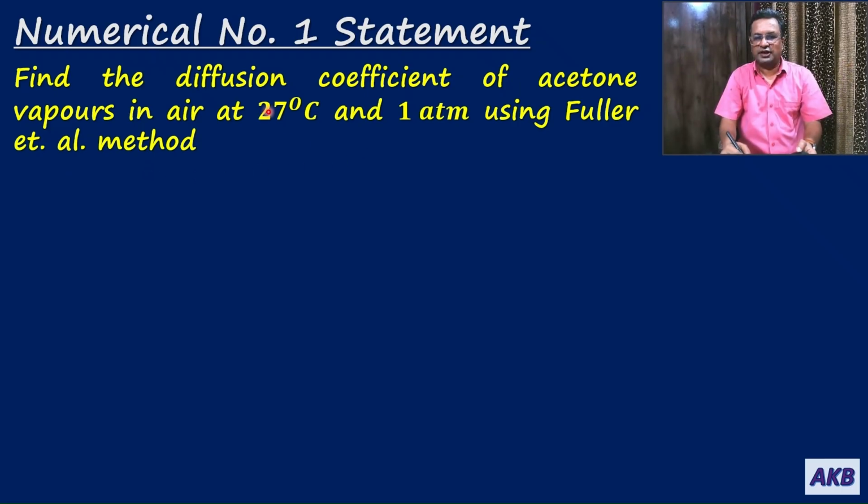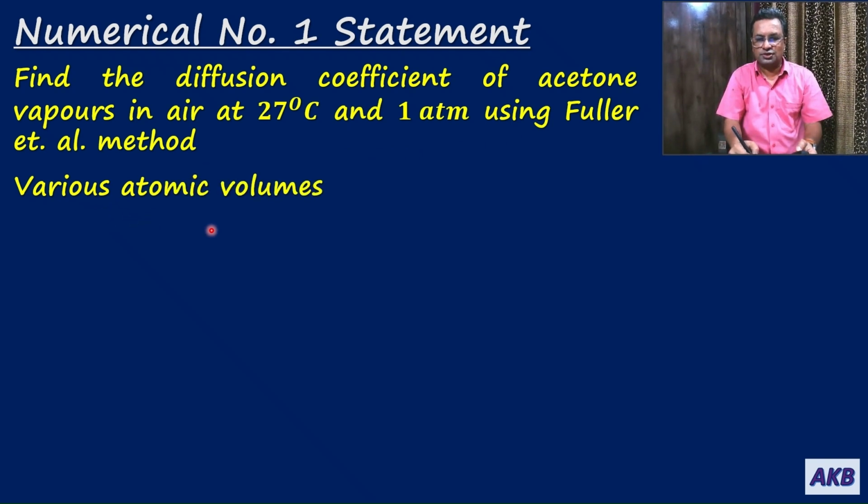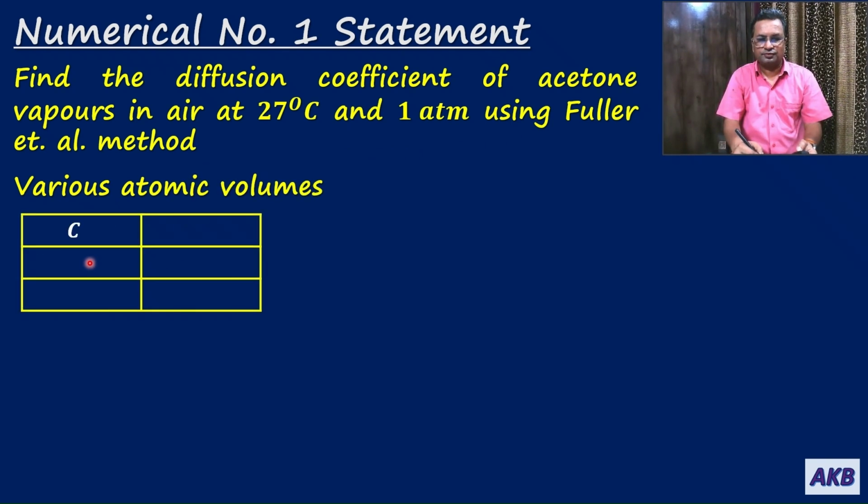So we are supposed to find out the diffusion coefficient of acetone in air at a temperature of 27 degrees Celsius and a pressure of 1 atmosphere using Fuller et al. Method. So various atomic volumes are given to us. For carbon, the atomic volume is 16.5. For hydrogen, it is 1.98. And for oxygen, it is 5.48.